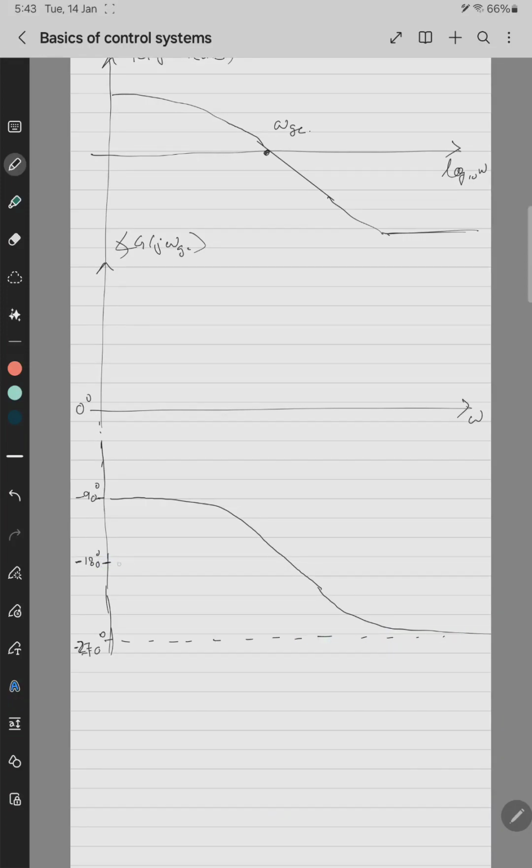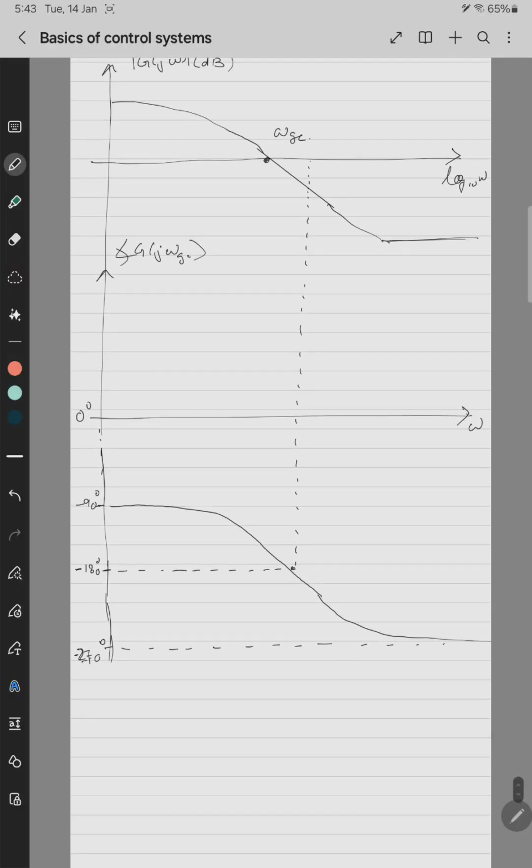So at minus 180 degrees, see where the point cuts it. Extend it upwards for the gain margin. So this is the frequency at which the gain plot cuts the minus 180 degree line. So this point will be the phase crossover frequency.